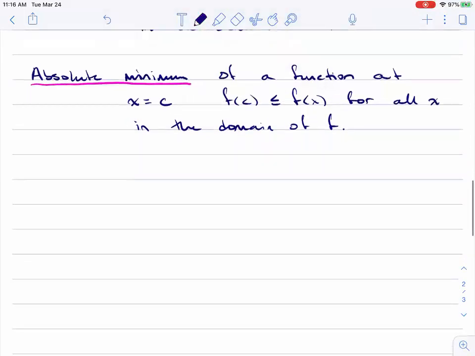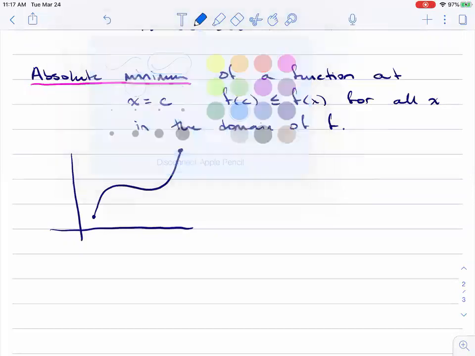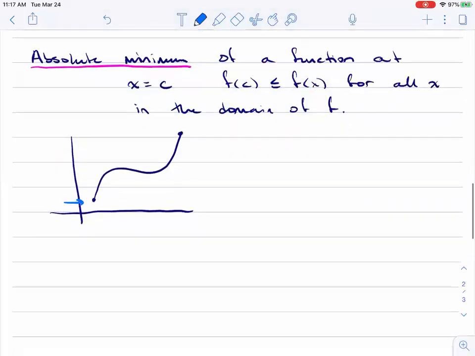Okay. If we think about something like a curve like this, maybe, that starts here and kind of goes and ends here, okay, then this is my absolute minimum, right? And this is my absolute maximum. Right? There's no other point on this curve that's smaller than this value or larger than this value, right?